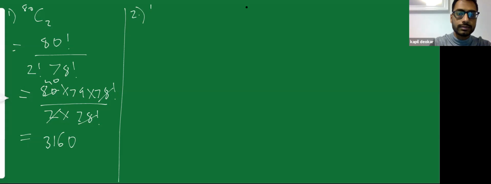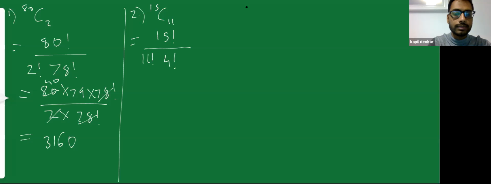And second was 15C11, which is equal to, instead of n, I have 15, and instead of r, I have 11. So NCR formula is n factorial, that is 15 factorial, upon r factorial, that is 11 factorial, into n minus r factorial, that is 15 minus 11. What is 15 minus 11? 4 factorial. 15 factorial can be written as 15 into 14 into 13 into 12 into 11 factorial. I'll reduce till 11 factorial. Why?